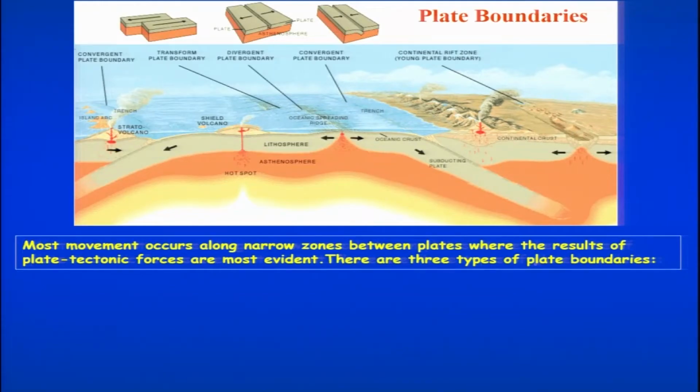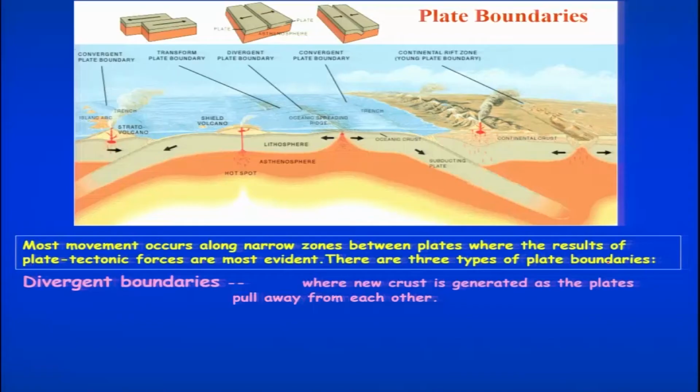One is the divergent plate boundary, which you can see here. At a divergent plate boundary, new crust is generated as plates pull away from each other. We also term this a constructive plate boundary, because there is no destruction taking place, and always a new plate is being added.